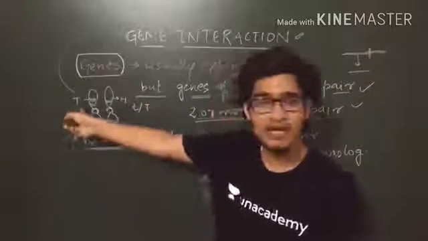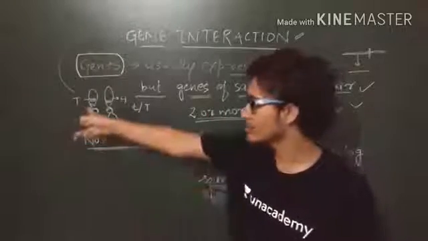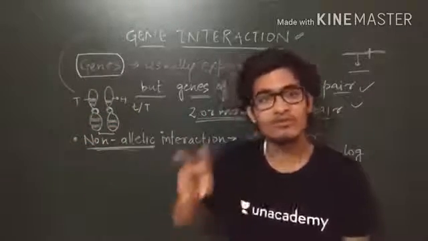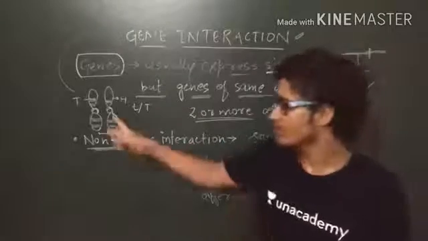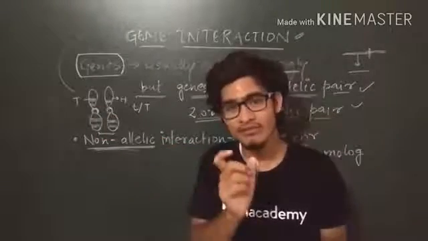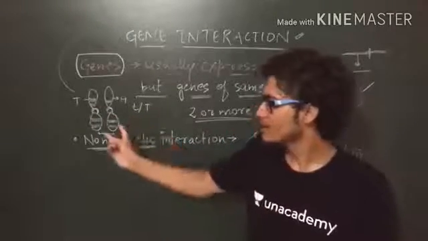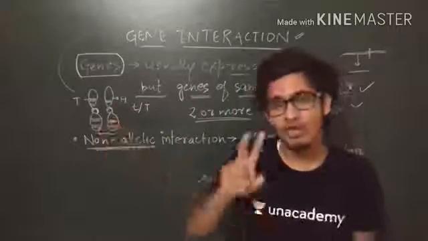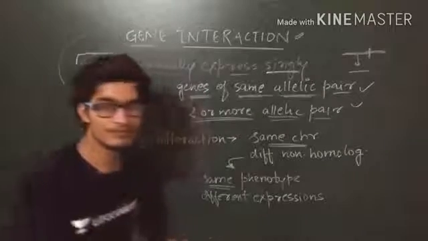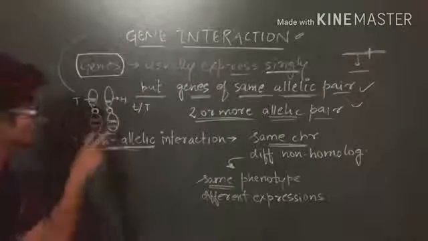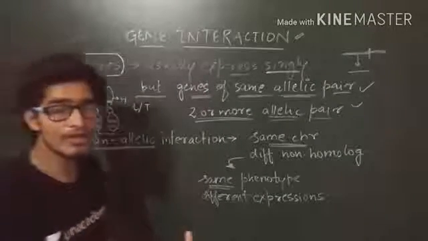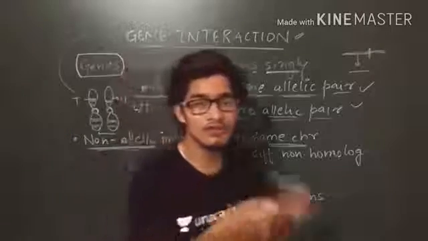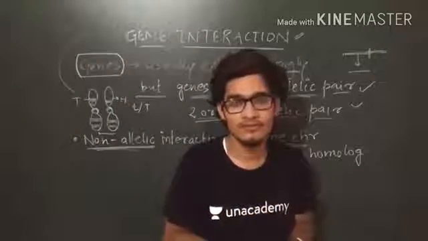If it is not the allelic pair, then there are two cases. Number one, that it will be present on the same chromosome. Both the genes will be present on same chromosome apart from each other at some distance. And if these are present on different chromosome, the chromosomes are going to be non-homologous. Okay. So, अगर non-allelic pair है, so they will influence the character of each other.